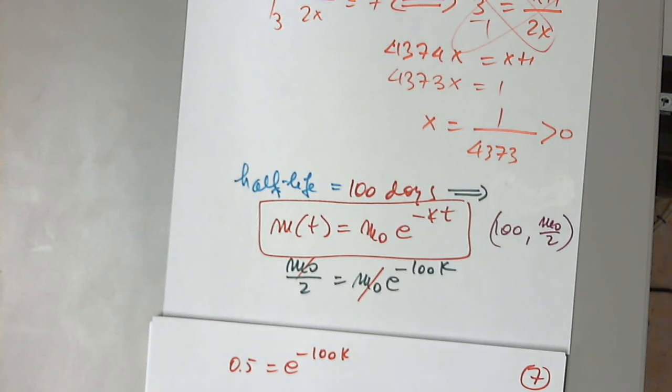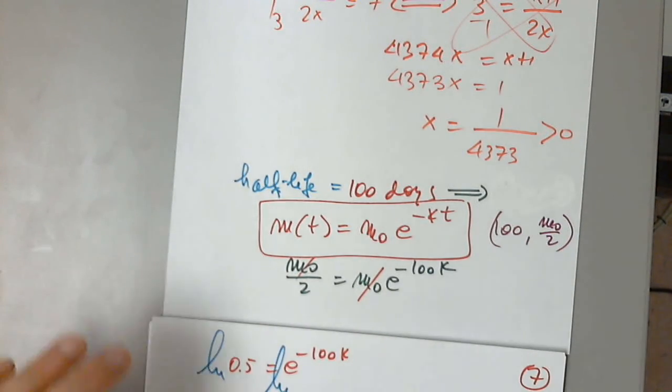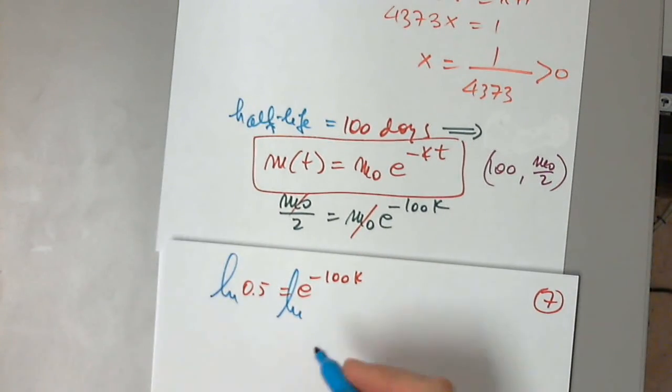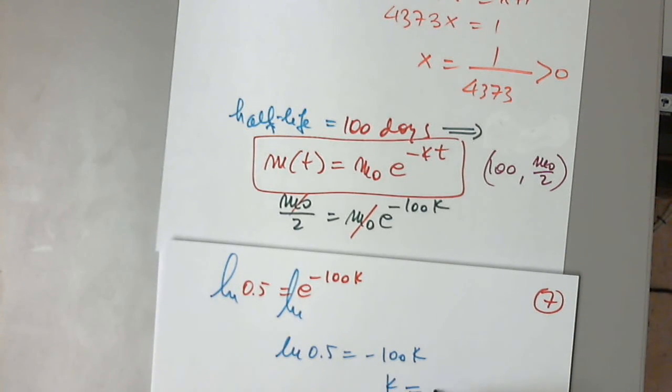Natural log. Excellent. So natural log 0.5 equals negative 100k, so k equals negative natural log 0.5 over 100. Tell me what you get. Calculate the natural log of 0.5 and divide by 100.